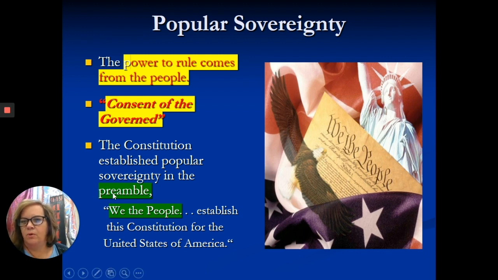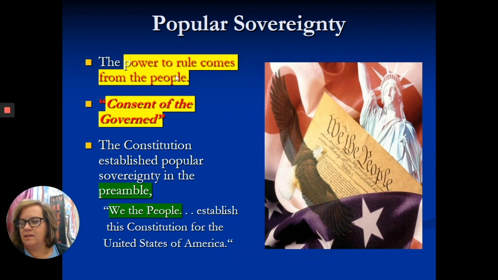So for example, popular sovereignty is the idea that within our system of government, the true power of government lies with the people themselves. So they have the power in a democracy. We have learned that in the idea of John Locke when he talks about that government can't exist without the consent of the governed.